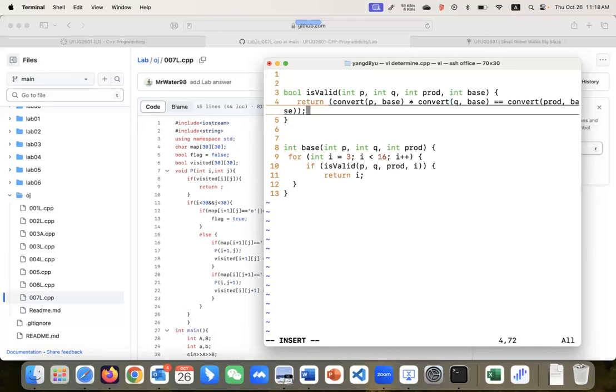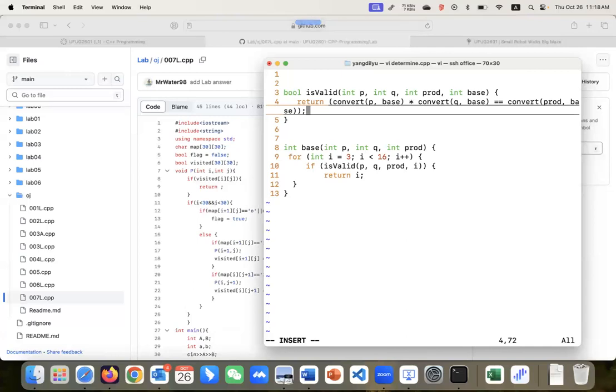If somehow I have a function that can convert P based on base, get some values, and then multiply by this equals to product, then it means this base is a valid base for these equations. After this is done, you got 2/3 of your points. Even though your convert function is wrong or you didn't implement that, it's okay.